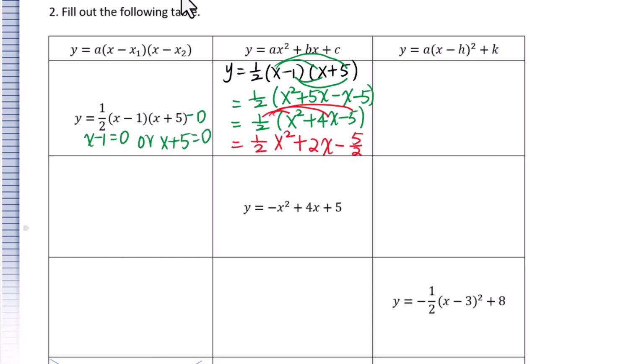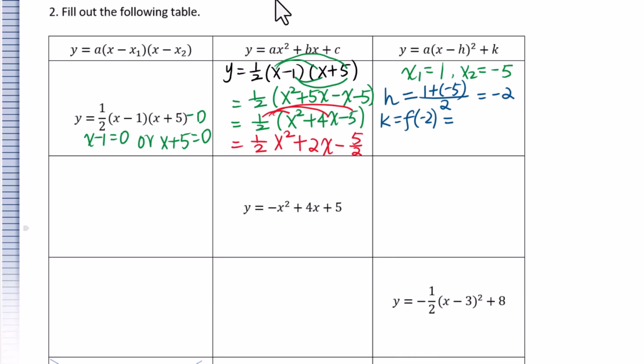So we get x1 equals 1 and x2 equals negative 5. h equals x1 plus x2 over 2 equals negative 2. k equals f of negative 2.